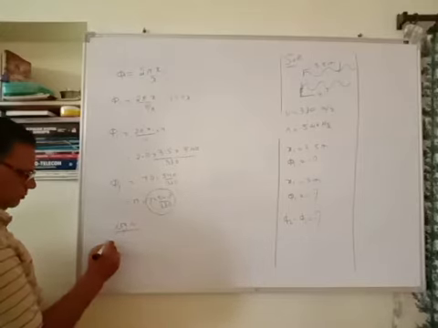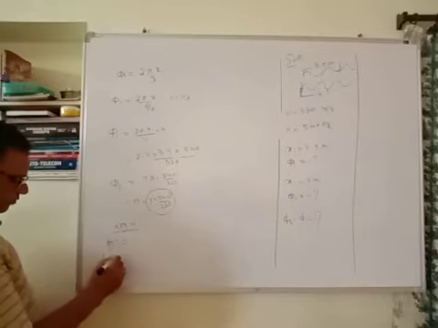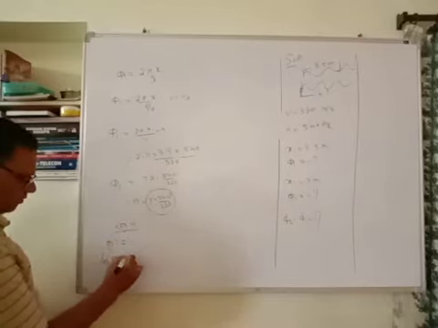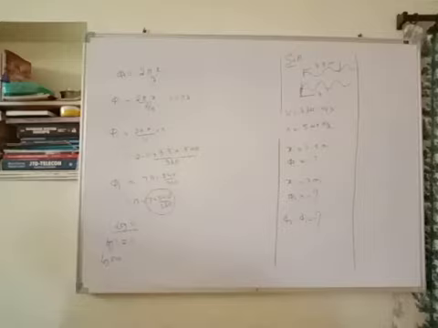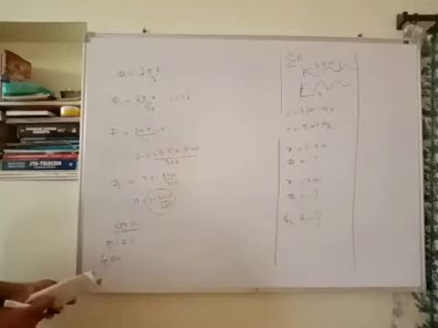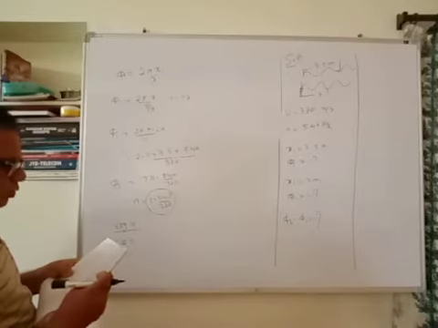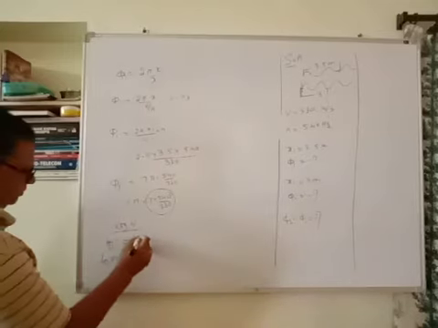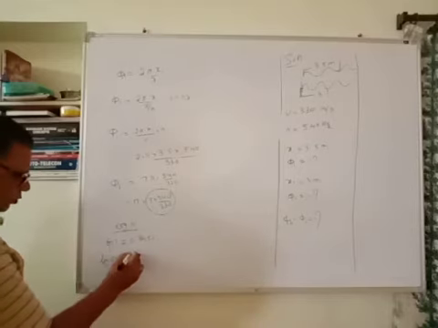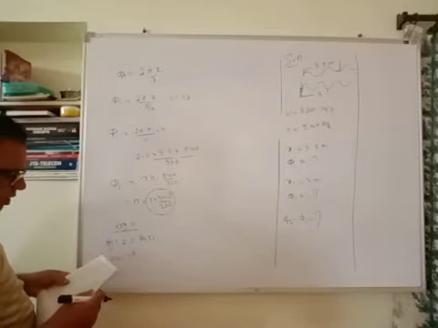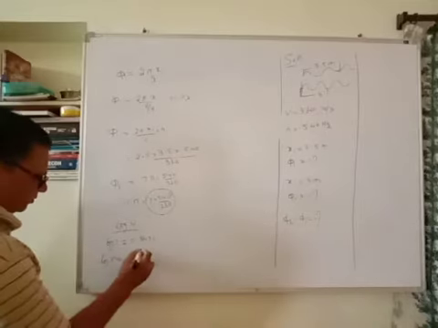Log of 7 and log of 540. Log of 7, the characteristic is 0, and the mantissa is 8451. Log of 540, the characteristic is 2, and the mantissa is 7324.